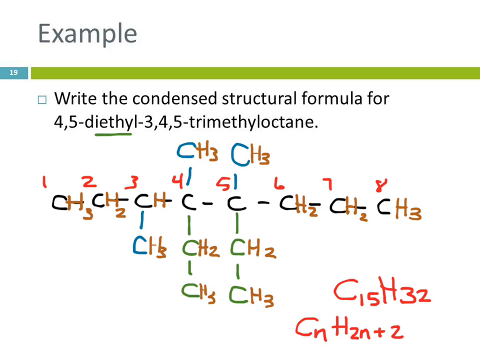And the reason that is, is because all of the carbons that are in the middle of a straight chain are going to have 2 hydrogens, and all the carbons at the end are going to have 3. It's easier to see how that comes about from something a little simpler.